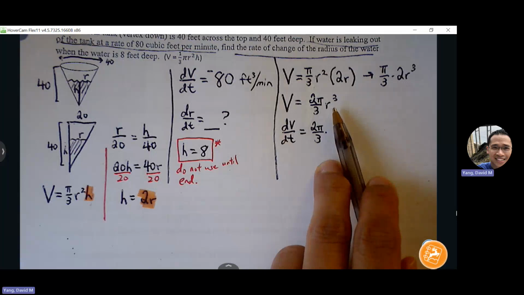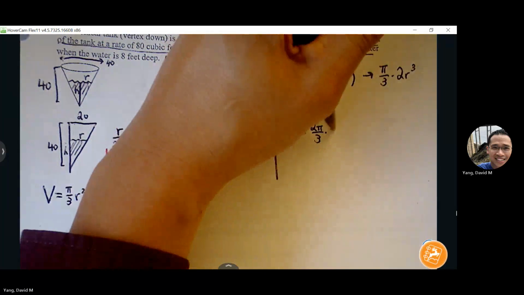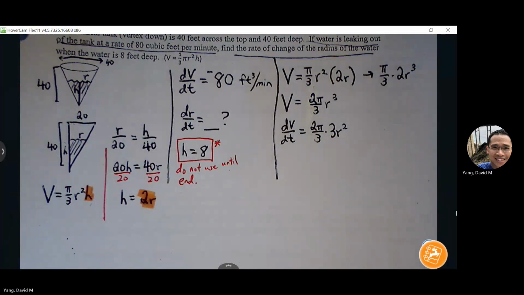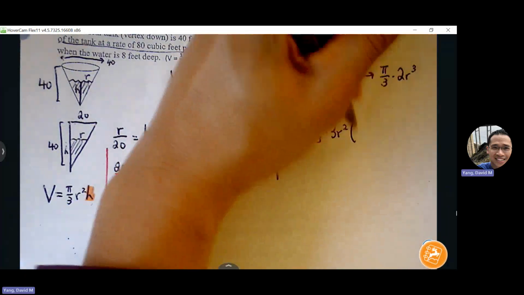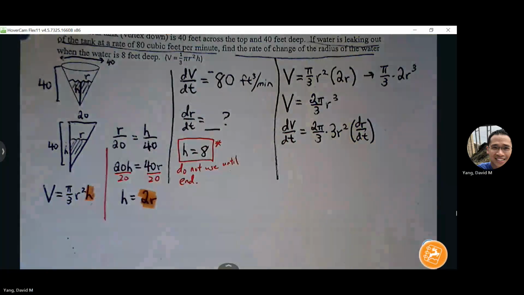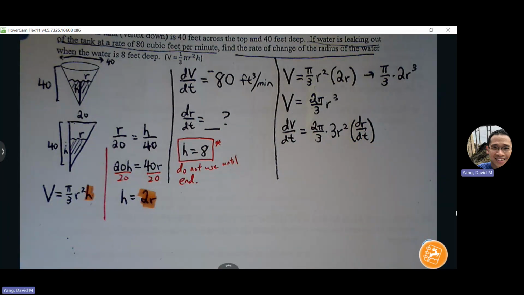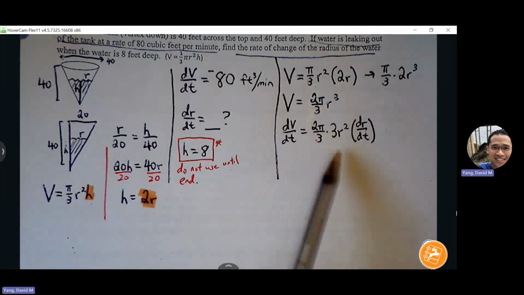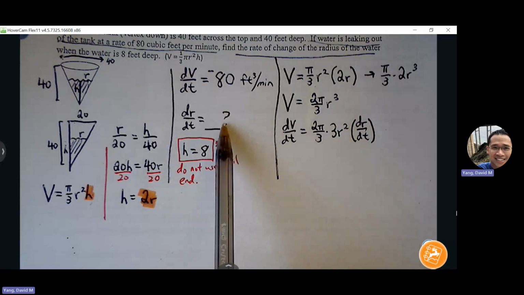What's the derivative of R cubed? d over dt. Every variable is going to have a time component to it. Right, so that ends the calculus step. From here, we're just plugging in and finding whatever variable we're looking for.